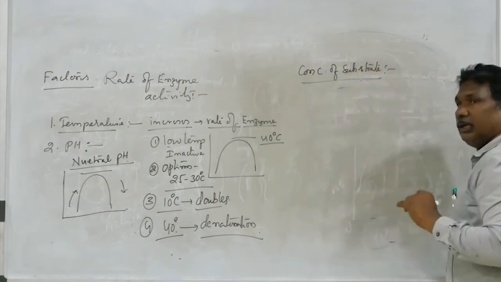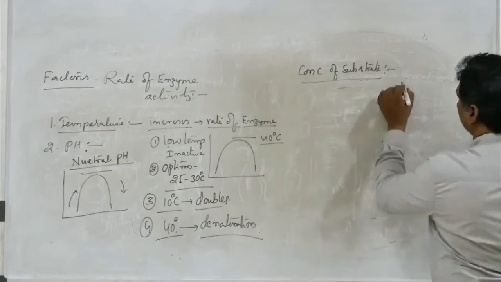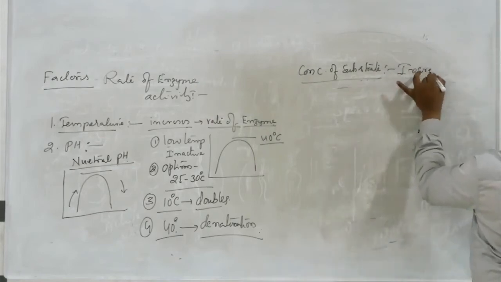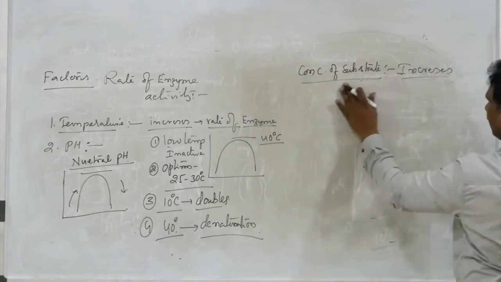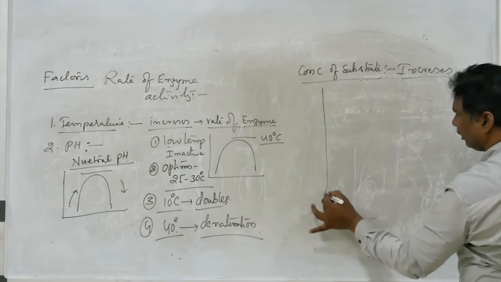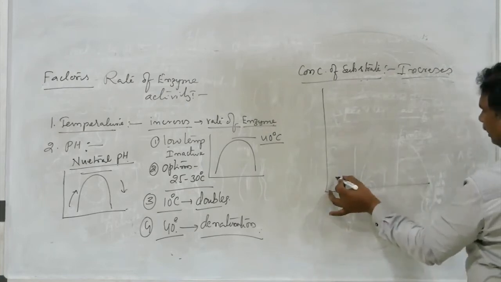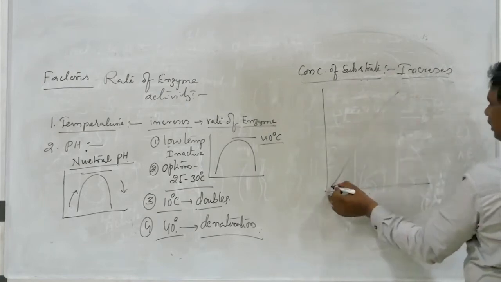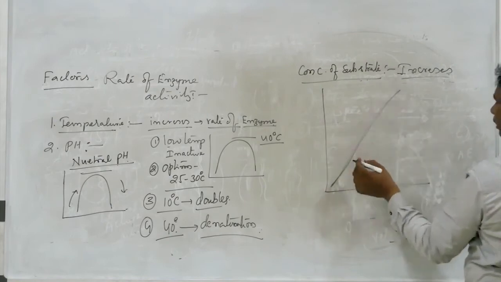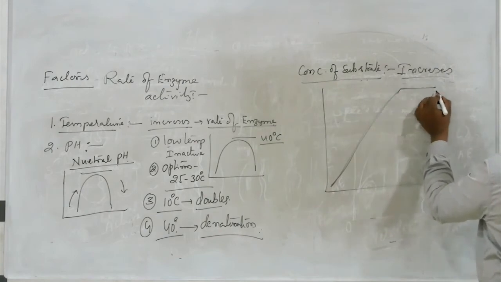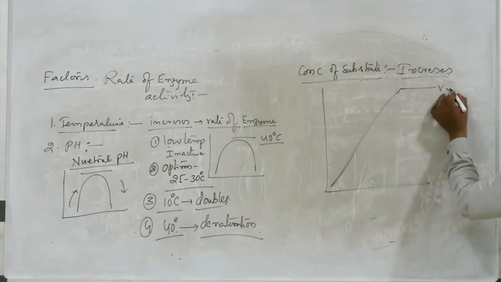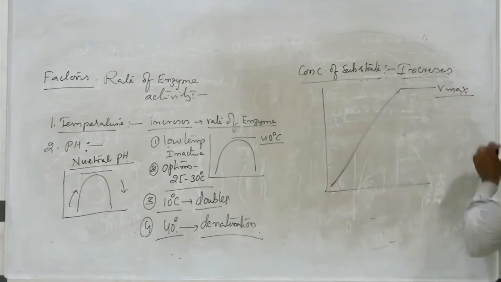If the concentration of the substrate increases, the rate of enzymatic activity also increases up to a maximum level, which is simply called Vmax.